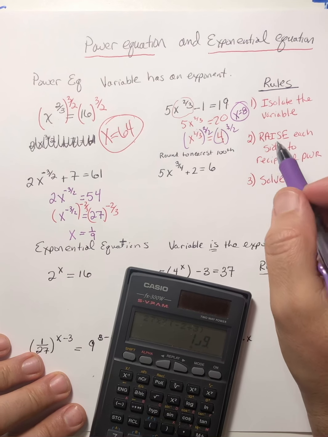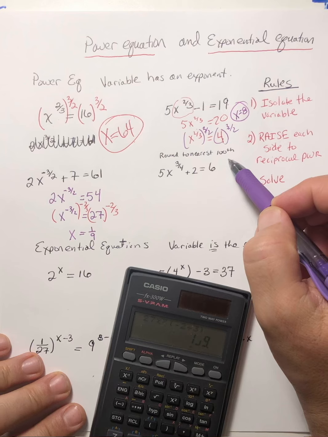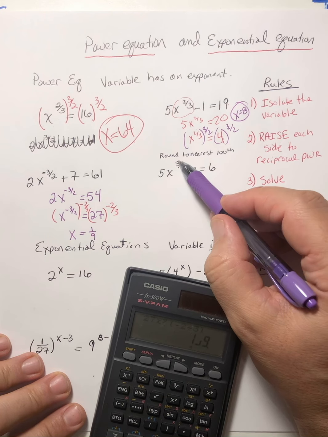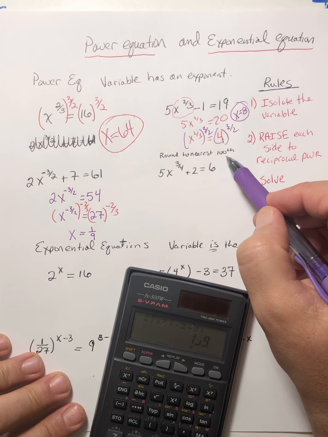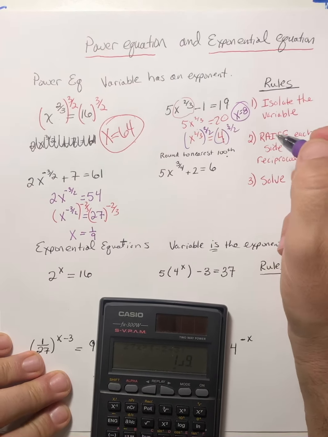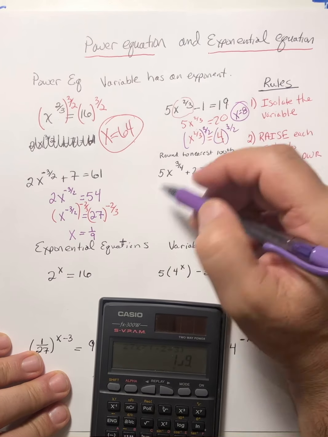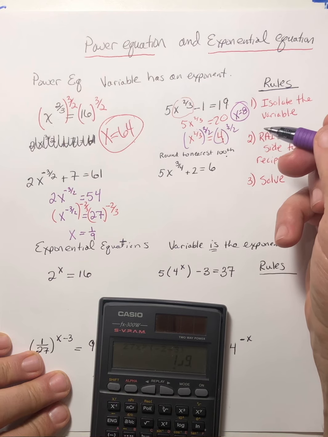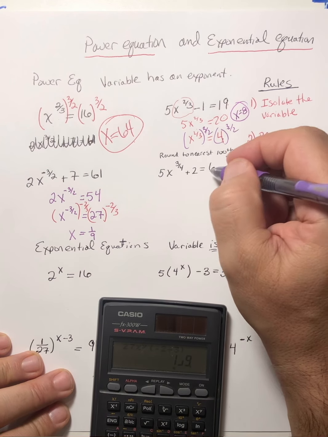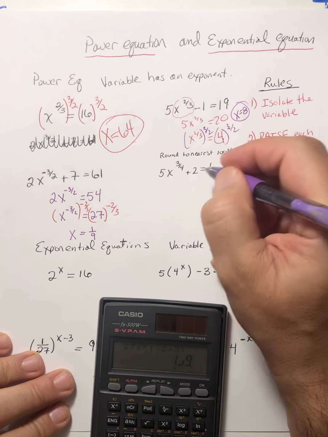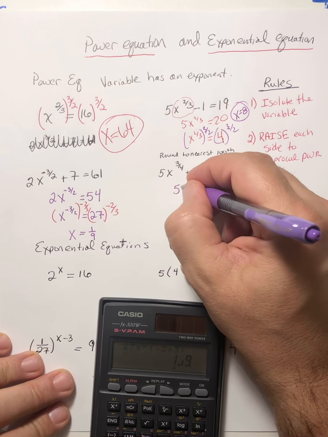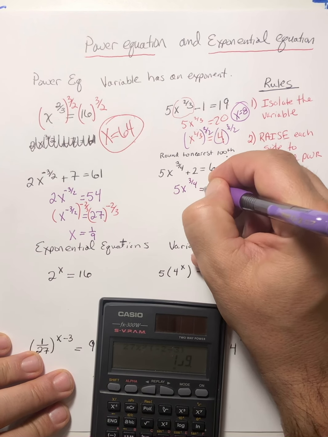All right. Here's why you need a calculator, because this one you're going to have to round to the nearest hundredth. So it's not going to be a nice answer. Who cares if it's not a nice answer? Okay? So I'm going to start by subtracting 2. So I have 5x to the 3/4 equals 4.